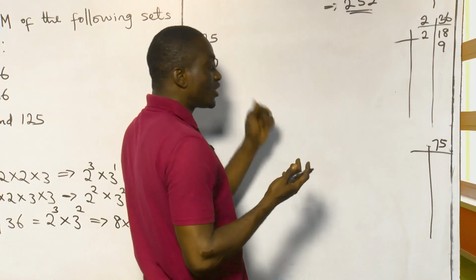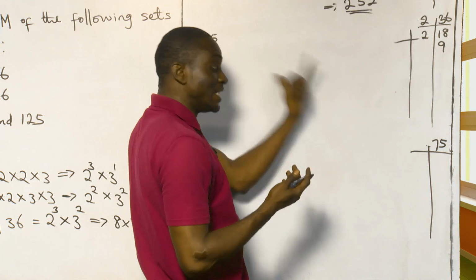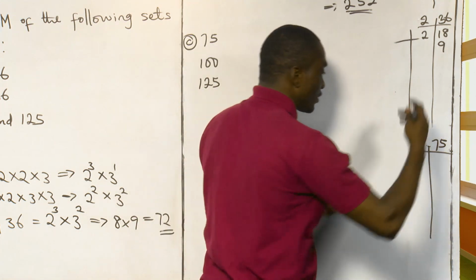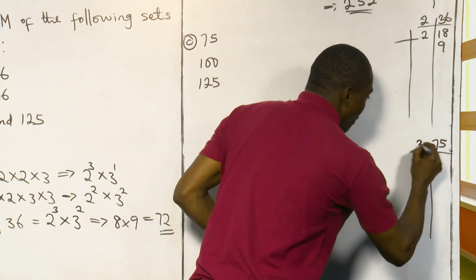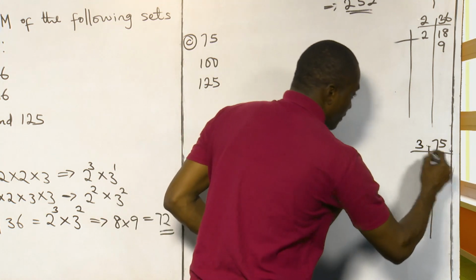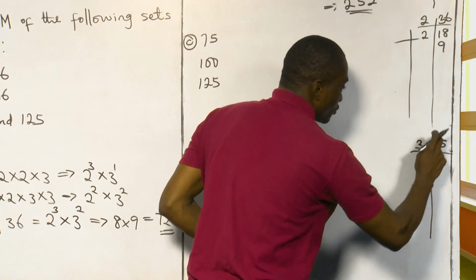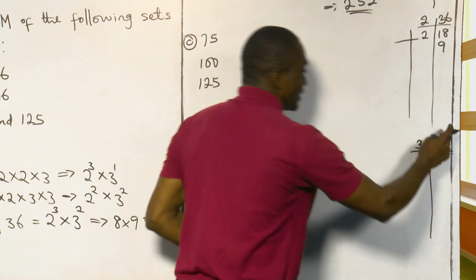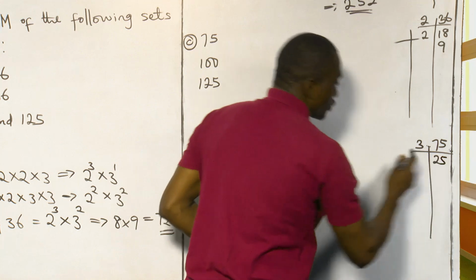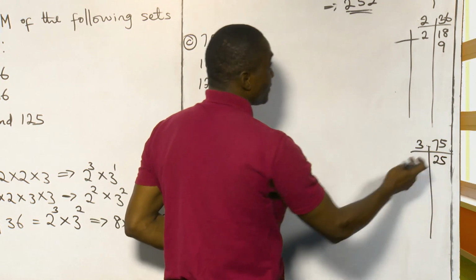But 3 is lower than 5, so let's use 3. We are using 3 instead of 5. So 3 in 75. 3 in 7 will give us 2. We have 1. 3 in 15 will give us 5. So we have 3 in 75 to be 25.